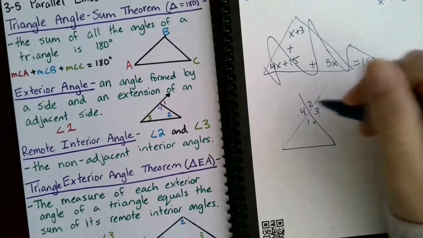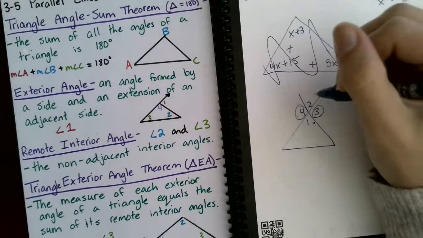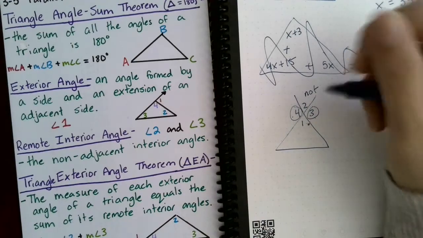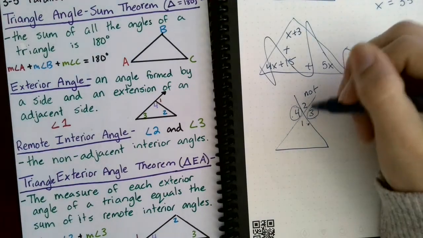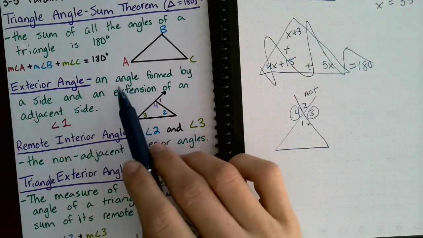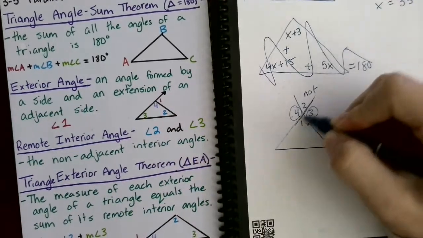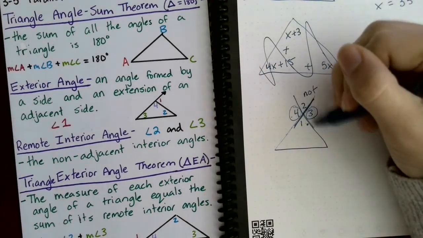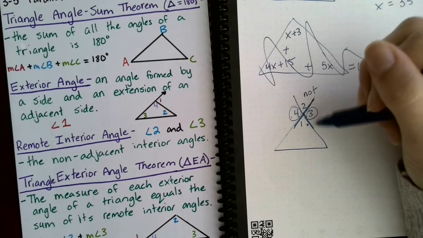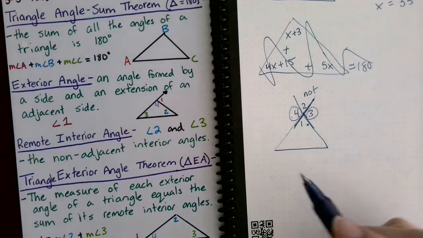And angle 3 and 4 are exterior angles. 2 is not. 2 is not an exterior angle in this case, okay? What it is is vertical to angle 1, because the definition of an exterior angle is that it is formed by a side and an extension of one of the sides. So we can see that angle 2 would just be an extension of two sides, not a side and an extension. So that's a very important thing to note.